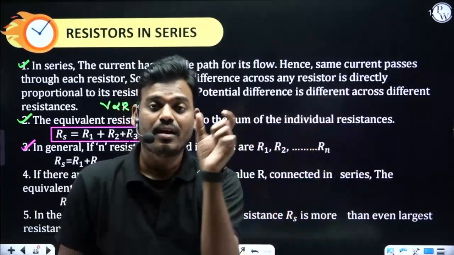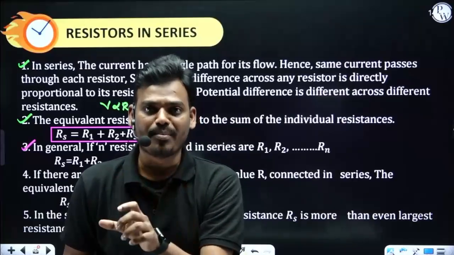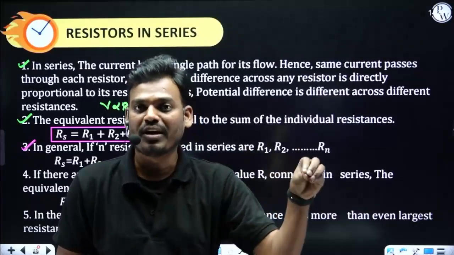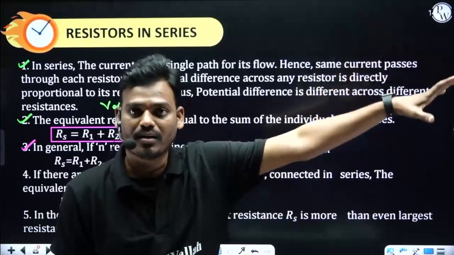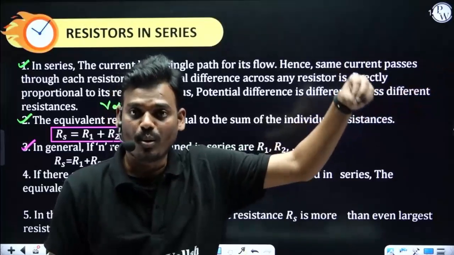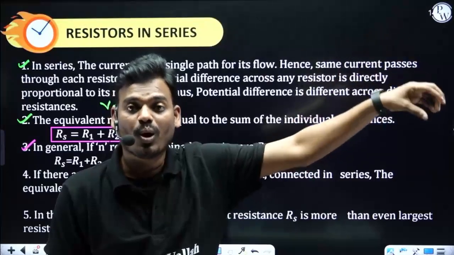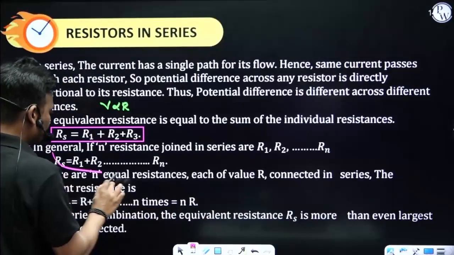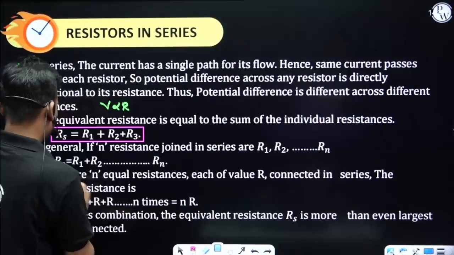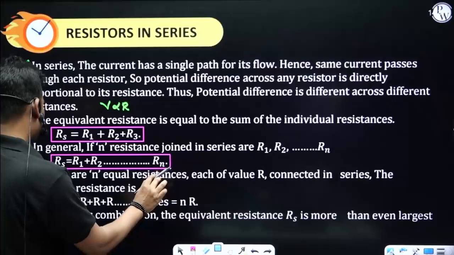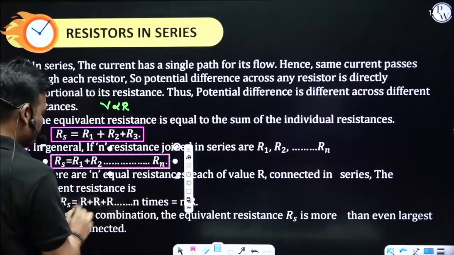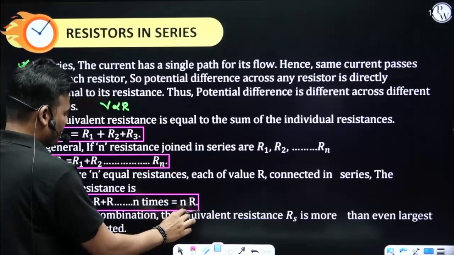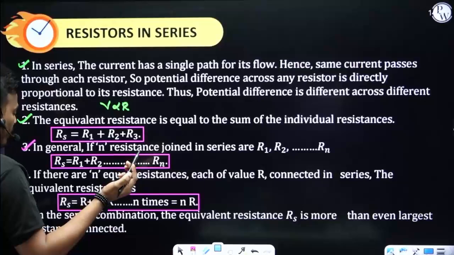Identical means the resistance values are the same, for example 5 ohm, 5 ohm, 5 ohm, and so on, or 10 ohm, 10 ohm, 10 ohm, and so on. So you can add directly. That is the fourth point.